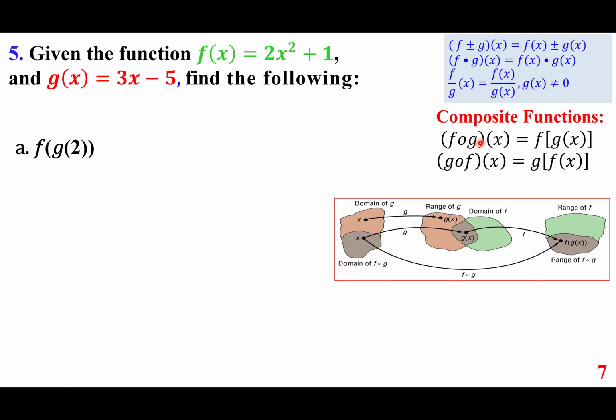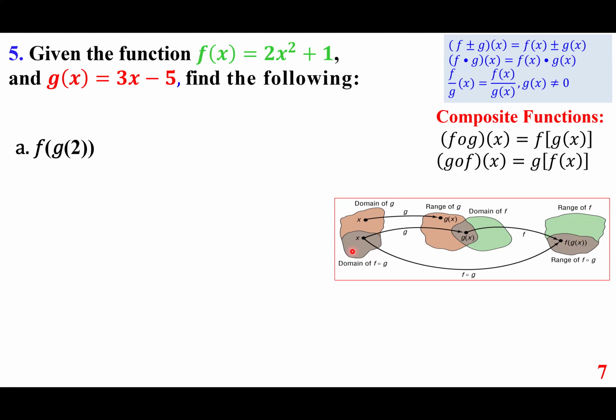So if you look at this one, for example, x is a domain of g and g of x is the domain of f. In this case, x is a domain of g. g of x is the range of that. x maps to g, and the portion that maps from here to here becomes f of g of x.